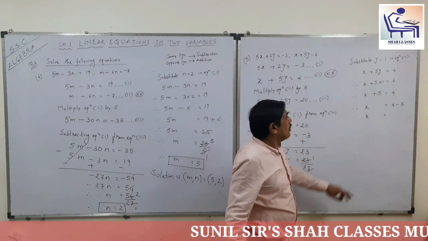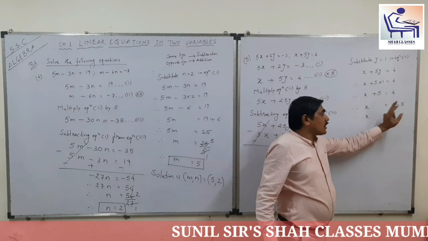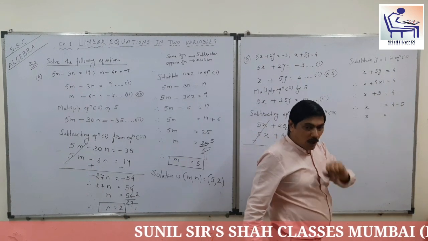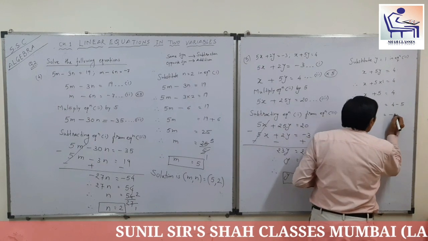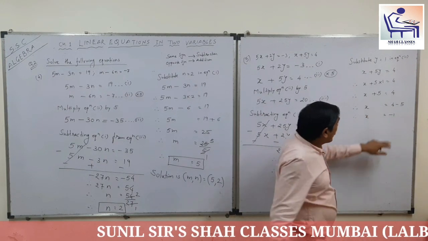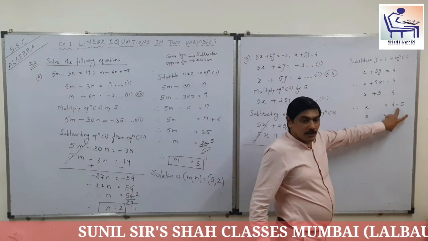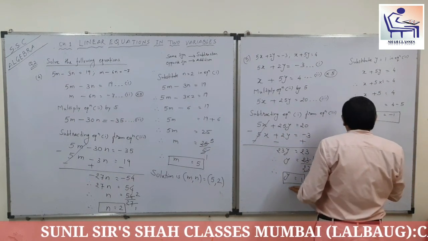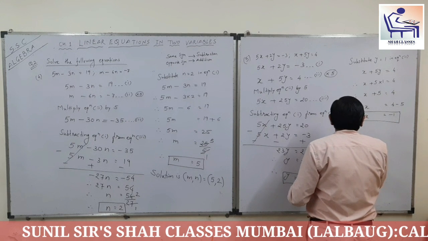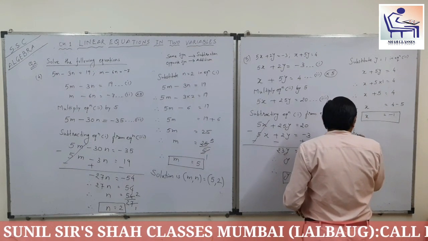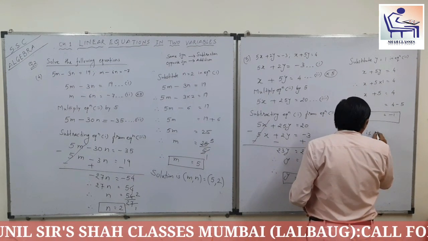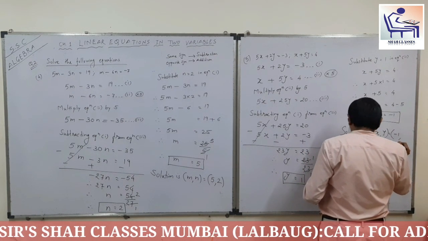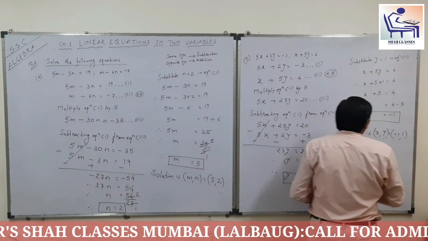Now please remember, for minus plus minus, take the sign of the greater number. So 5 minus 4 is 1, but minus 1. Please remember the sign of the greater number. So we got the value of x as minus 1 and the value of y is 1. So the solution is x is minus 1 and y is 1.